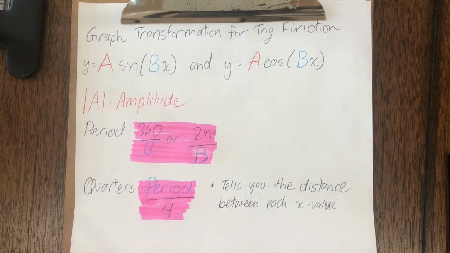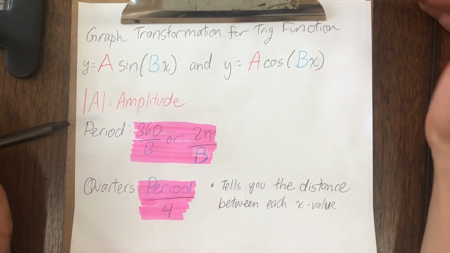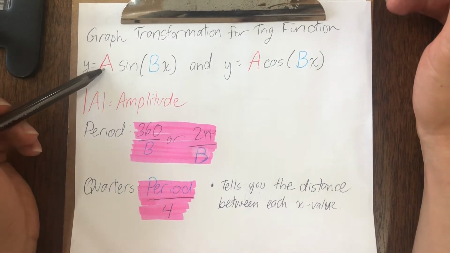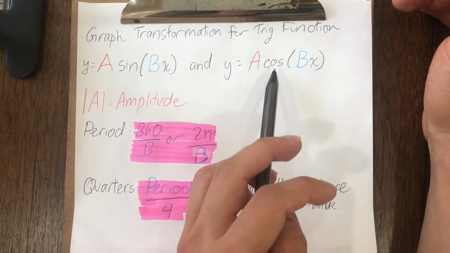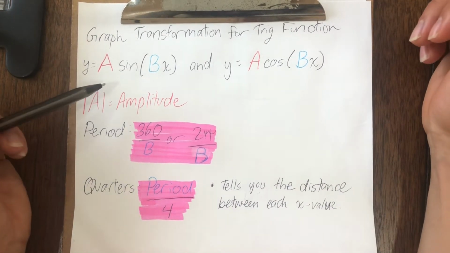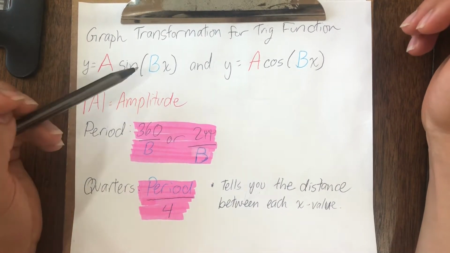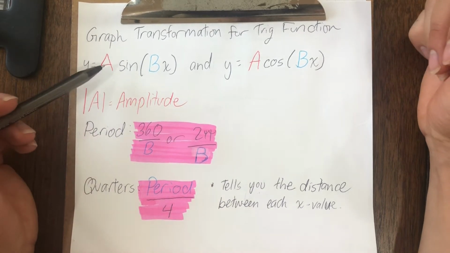Now I have the formulas set up for graph transformations. We have y equals a times sine of bx and y equals a times cosine of bx. So we definitely have numbers in the same spot as a and b. Let's take a look at what each of these represent.